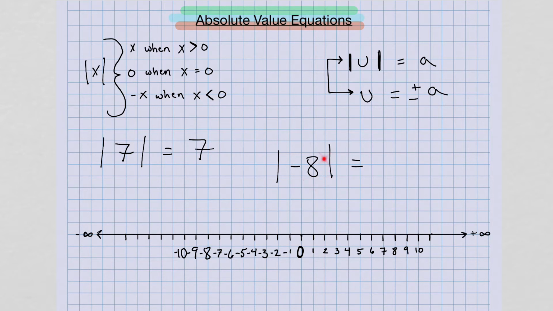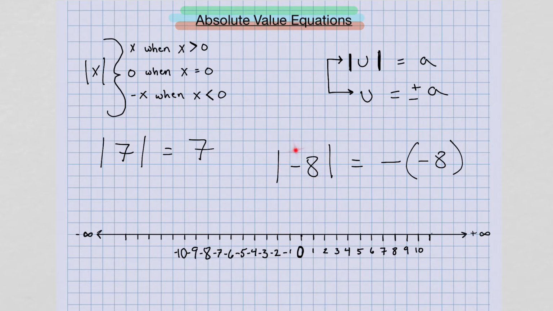We see negative 8 is less than 0. So when you take these absolute value signs off, absolute value of x equals negative x when x is less than 0. What does that mean? That means that it's negative, negative 8, which gives 8.